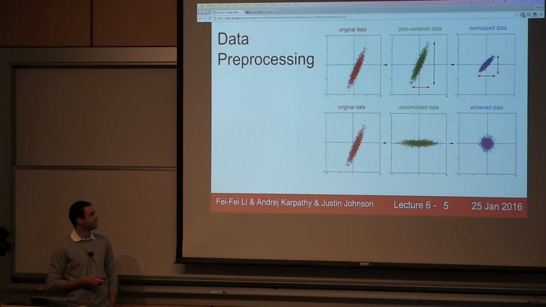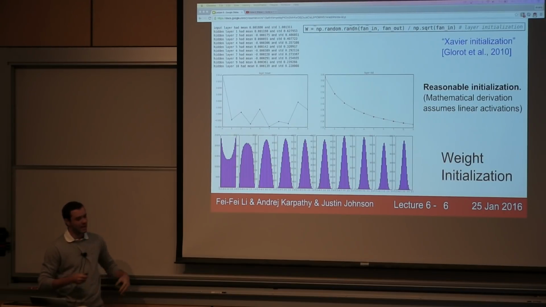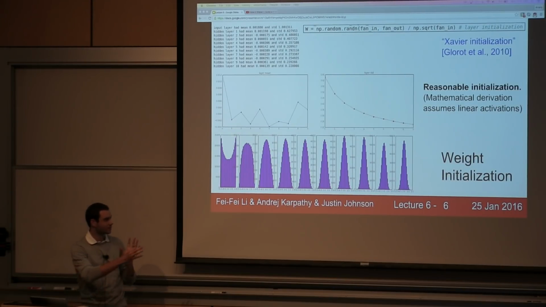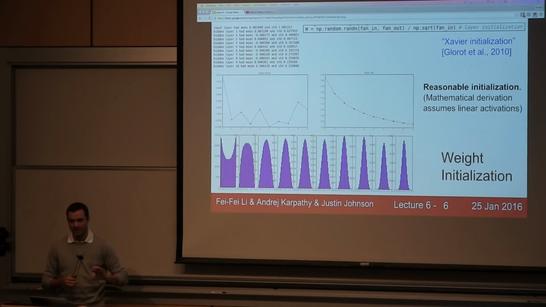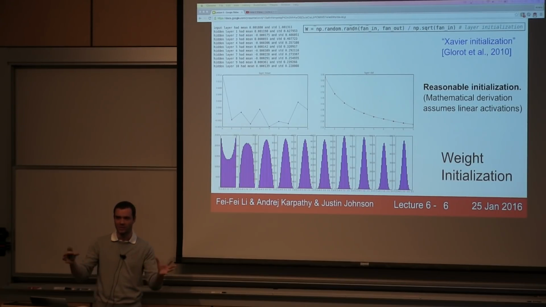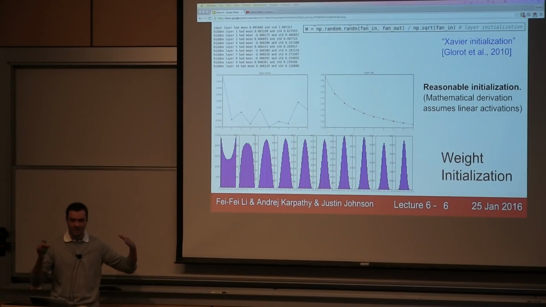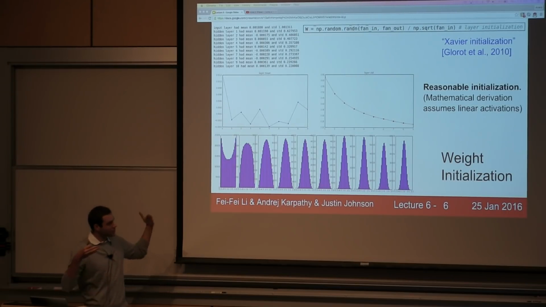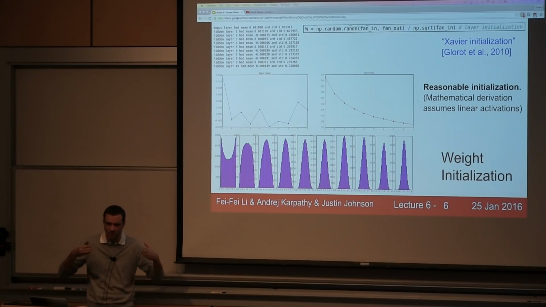We talked briefly about data preprocessing techniques. We also looked at the activation functions and their distributions throughout the neural network. And so the problem here, as you recall, is we have to choose this initialization for our weights. And in particular, there's the scale of how large we want those weights to be in the beginning. We saw that if those weights are too small, then your activations in a deep network go all towards 0.